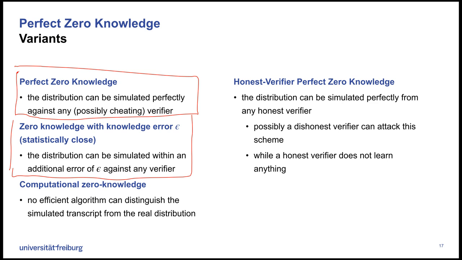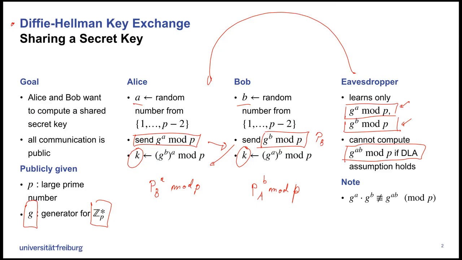Okay, if sometimes you can't do that, then you have something called computational zero knowledge. If you look at the first example here, you actually know that you cannot compute A if you see g to the A. So that is not zero knowledge, because the things sent around have a meaning. Do you get K from this computation?